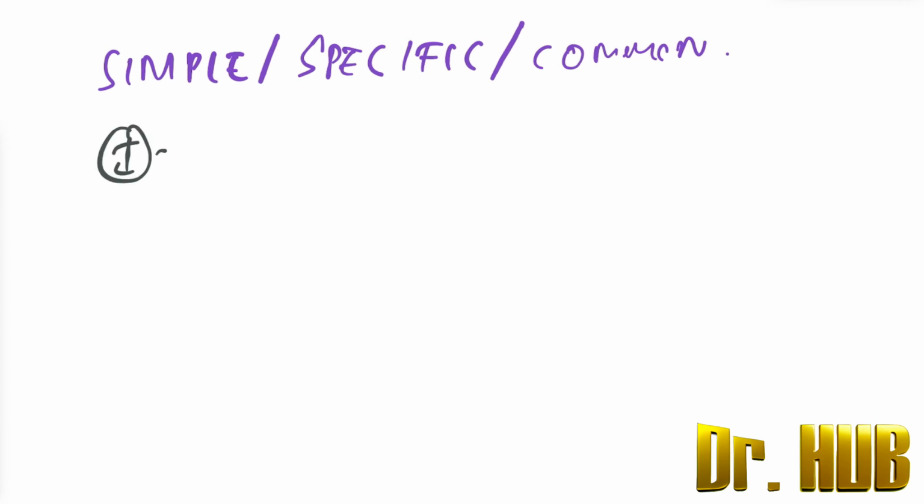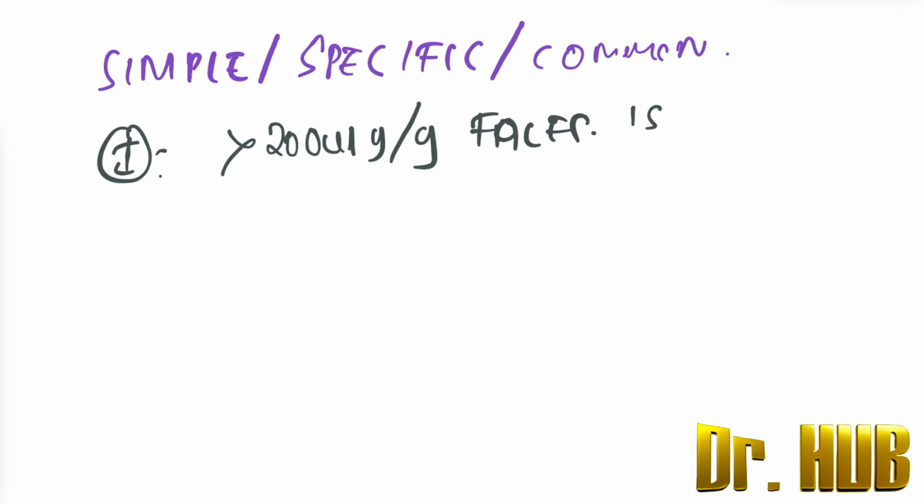So what is the interpretation? Greater than 200 microgram per gram feces is normal.